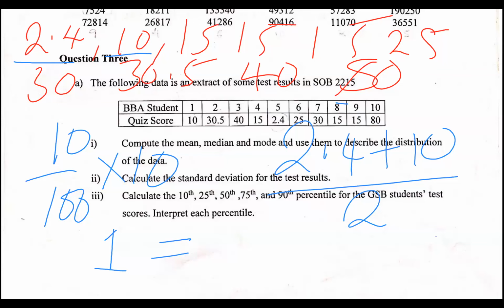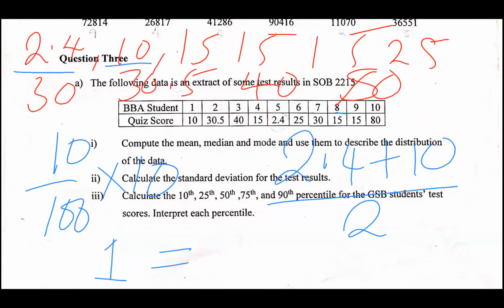So basically, that's how you do it. If it's a whole number, you count the numbers that are arranged, then the number at this index plus the number that follows next, you average. That is the percentile.